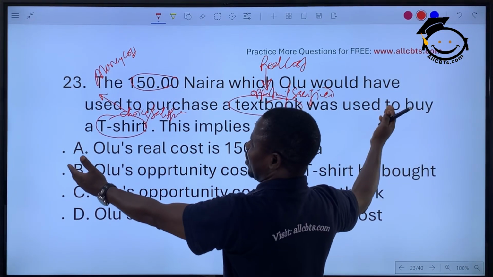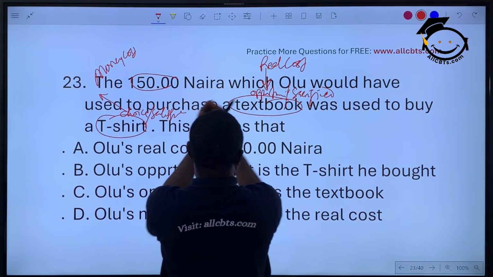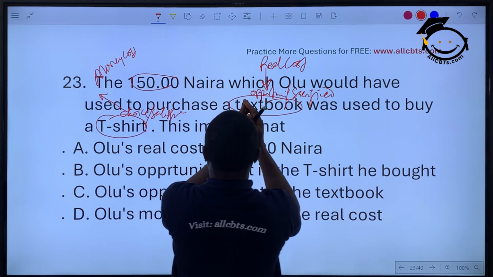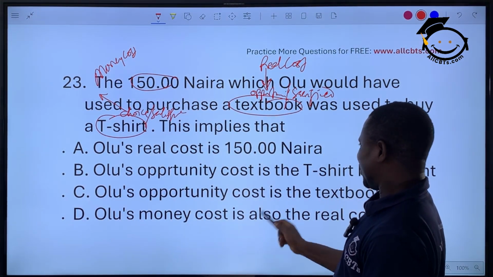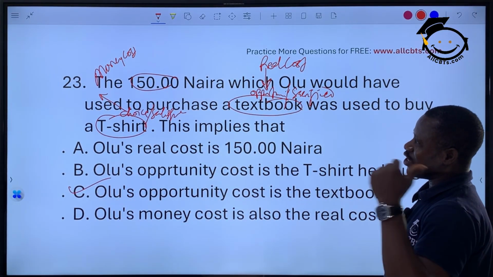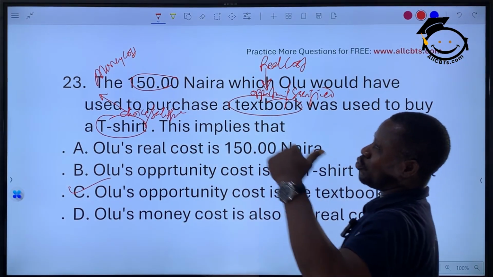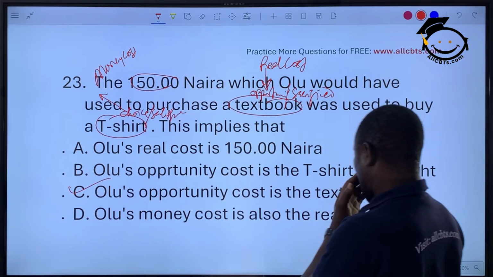I just explained to you now. This is money cost. This is real cost. This is choice. This is opportunity cost. This is satisfaction. This is sacrifice. So the answer here: Olu's opportunity cost is the textbook which he was supposed to buy but refused to buy, and chose another alternative. Option C.